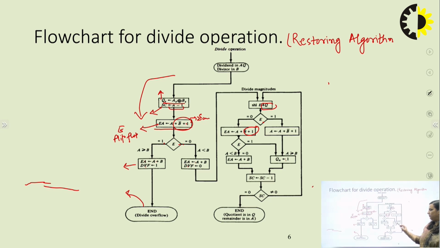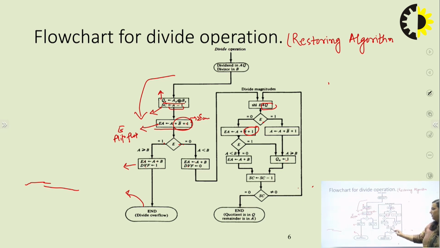I will tell in a further example what this Qn bit is and how we are changing its value. Now if E is equal to 0, then A is less than B, and we will again assign the EA register the value A plus B.